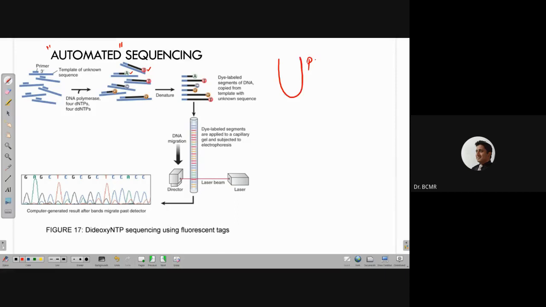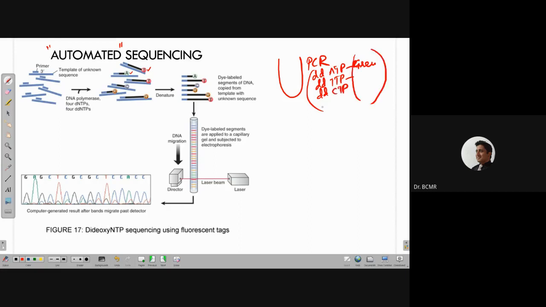You have all the components required for PCR. You would also have dideoxy ATP with the fluoro label. Okay, I will call it green. And dideoxy TTP with one color. So here it is one single reaction, right? Because the discrimination can be made based on the colors here.